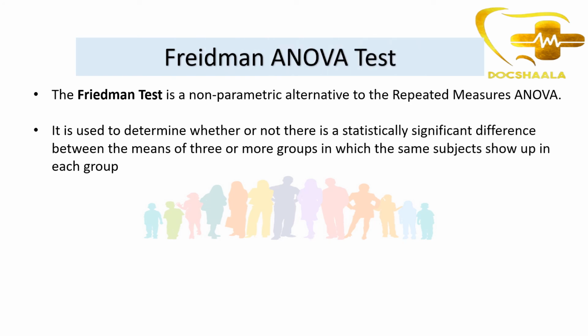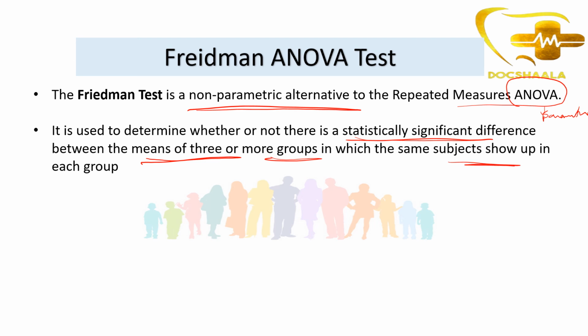Then coming to Friedman Anova test. The Friedman test is a non-parametric alternative to the repeated measures Anova. Anova test is a parametric test. It is used to determine whether there is a statistically significant difference between the means of 3 or more groups in which the same subjects show up in each group.